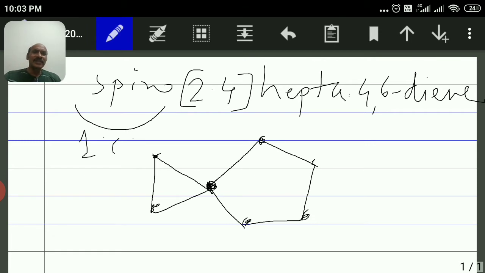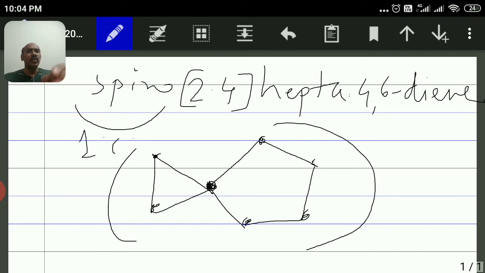So how many carbons are there? Four on this side that are of the larger ring, two on this side that are of the smaller ring, and this common carbon. So 4 plus 2 and spiro 1 carbon, so the total becomes 7. So the parent alkane is heptane. So it is coming true; in the name hepta is given.